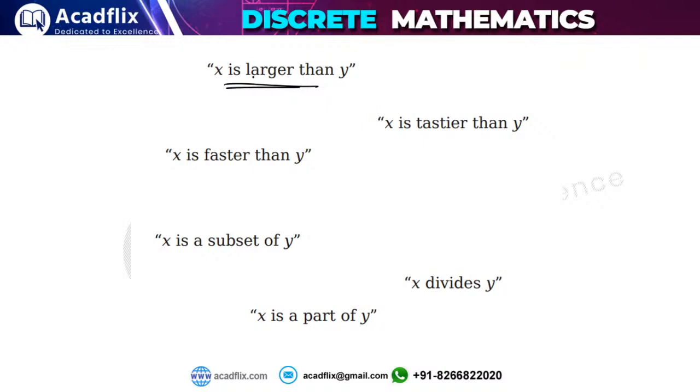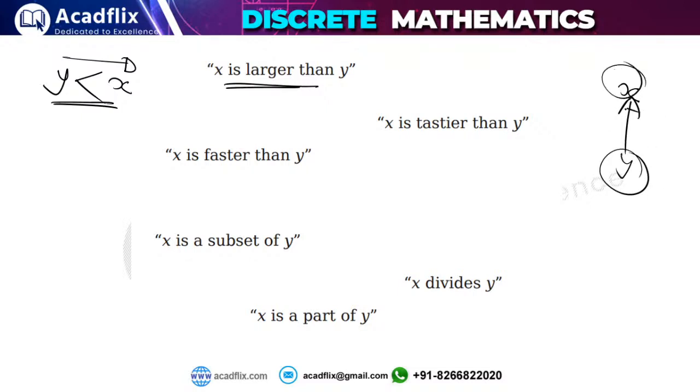For example, x is larger than y, so there is an order. Basically x is larger means x is bigger, like the status is increasing, maybe y is poor, x is rich. Maybe x is Amazon and y is Flipkart, so Amazon is larger than Flipkart.